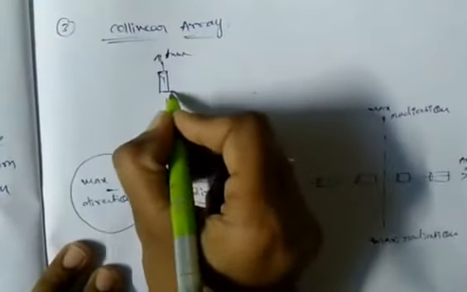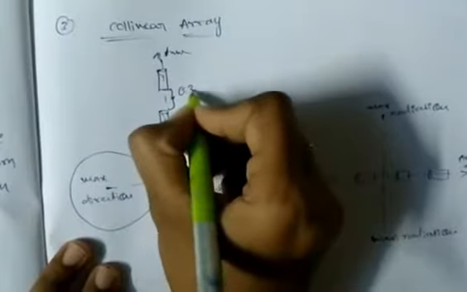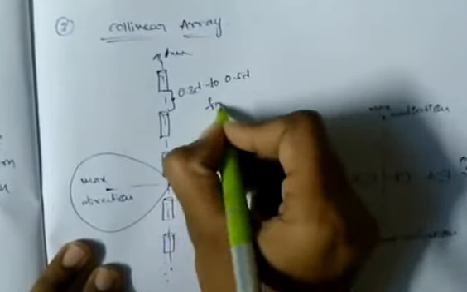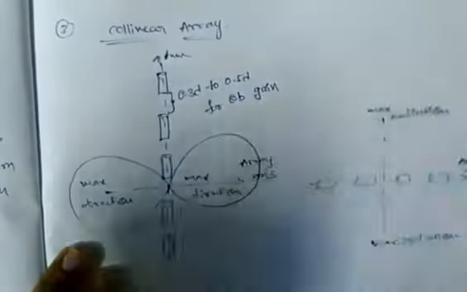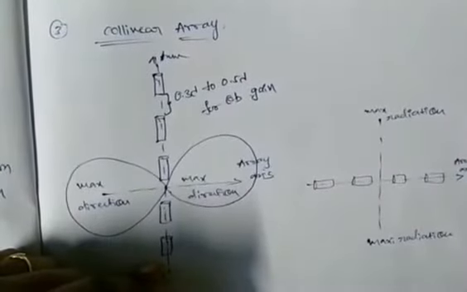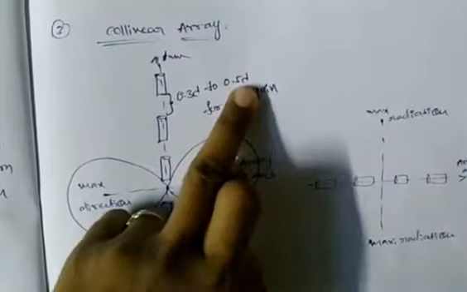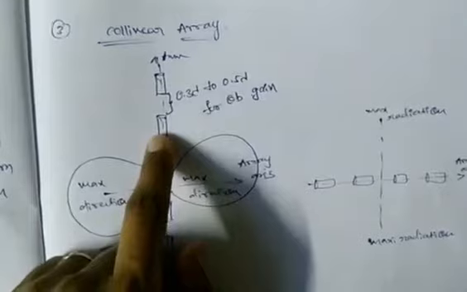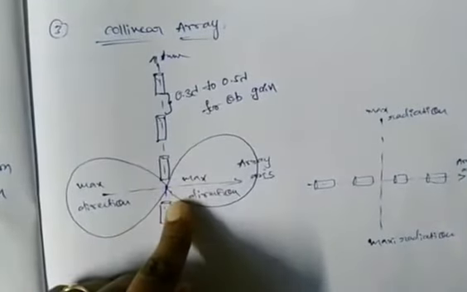In this collinear array, the spacing between two antennas is 0.3 lambda to 0.5 lambda for obtaining higher gain. But due to this small distance between the antennas, construction problems and feeding problems arise.